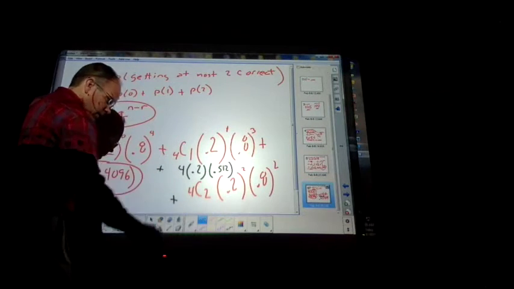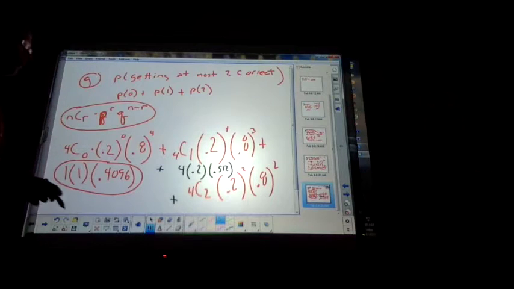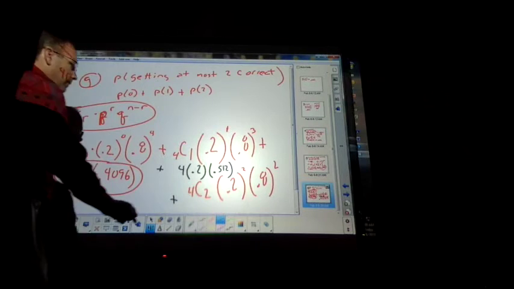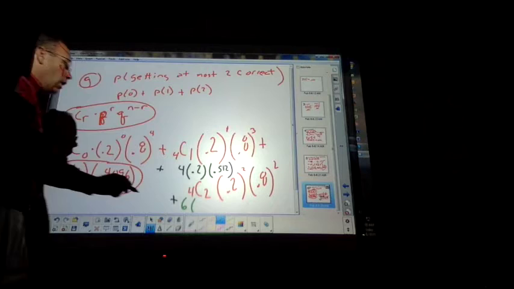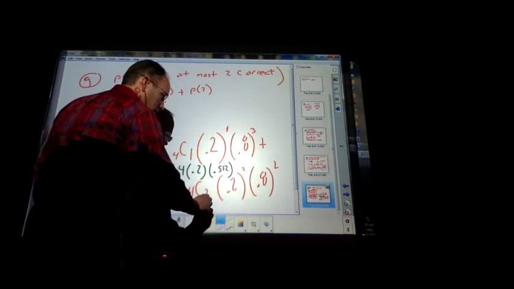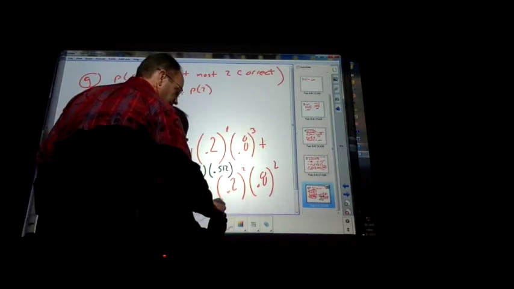Plus this one. What is 4 choose 2? Is it 6? Okay. 0.2 times 0.2 is 0.04. 0.8 times 0.8 is 0.64.